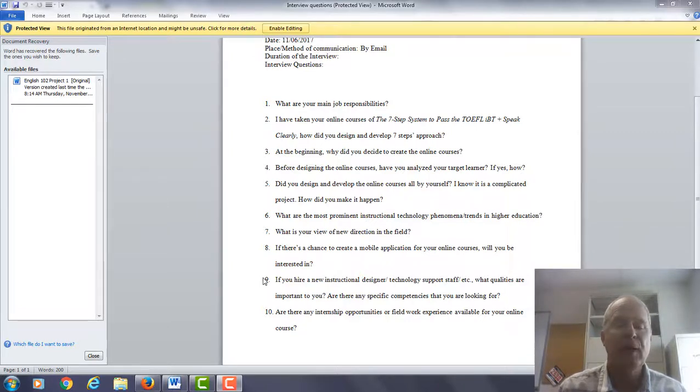I would want the person to be able to communicate fluently in English, both in written and spoken language, because if I send emails and maybe I don't see the person, but I can talk to the person by email, I would definitely want this person to have a very good command of the English language. I would probably want this person to have a minimum of a bachelor's, maybe even a master's degree in instructional technology education. That would be some things there.